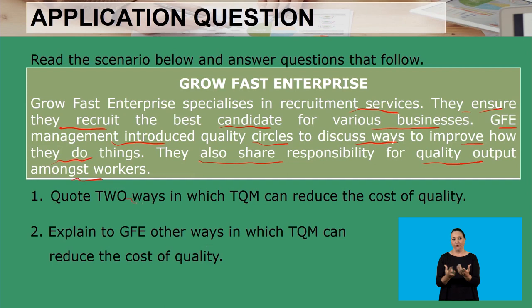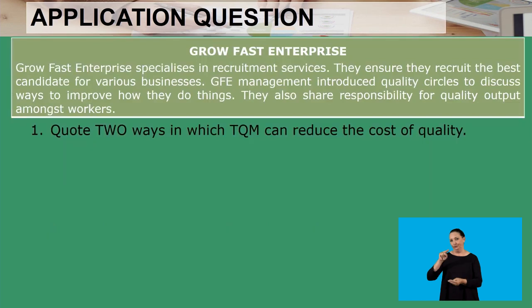Question 1, quote 2 ways in which TQM can reduce the cost of quality. That's number 1. Then number 2, explain to Grow Fast Enterprise other ways in which TQM can reduce the cost of quality. Now, with the first one, you're expected to quote 2 ways. Remember, the first sentence here talks about what they do. They offer recruitment services.